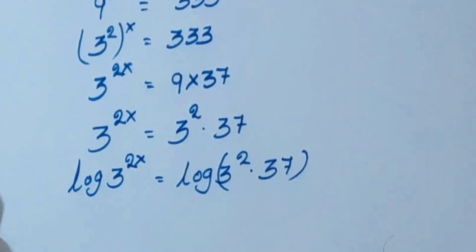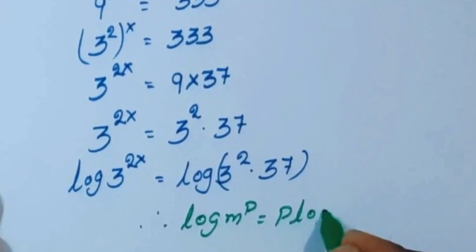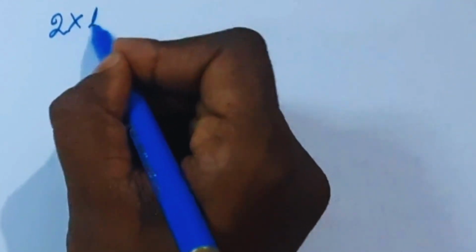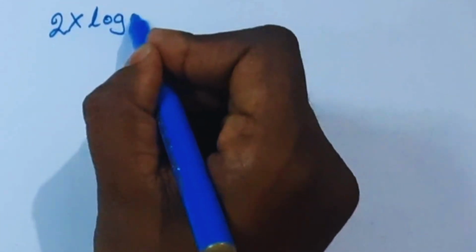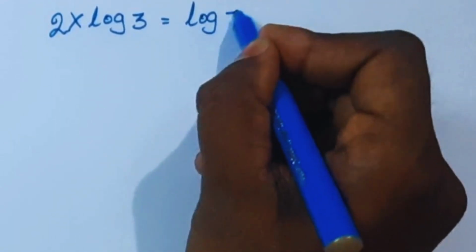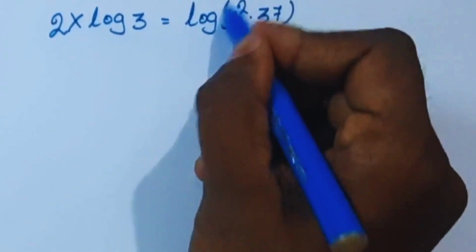Now according to this power log formula, log m power p equal to p log m. This formula we are going to apply here. So we'll get 2x log 3 equal to log 3 power 2 times 37.